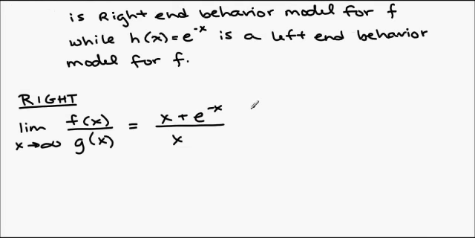So we're going to take the limit as x goes to infinity of this, and if you divide x by x, you get 1, plus the limit of e to the negative x divided by x.